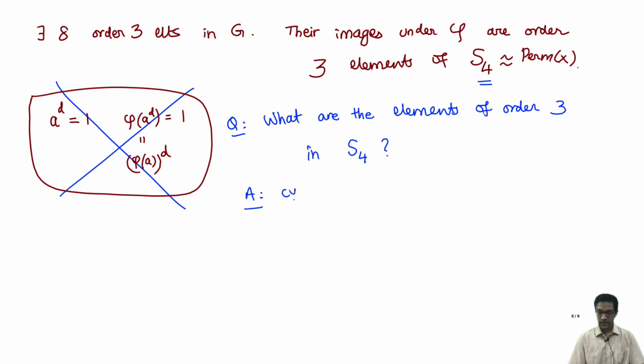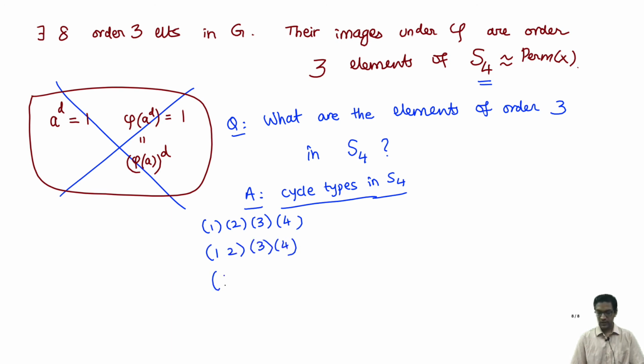So let's recall what are the various possible cycle types of elements of S4. So these are cycle types in S4. You can have, say, the identity element whose cycle type is 1, 1, 1, 1, or I can have a 2 cycle and 2 1 cycles. I can have 2 2 cycles, or I can have an element which is a 3 cycle with a 1 cycle, or a 4 cycle.